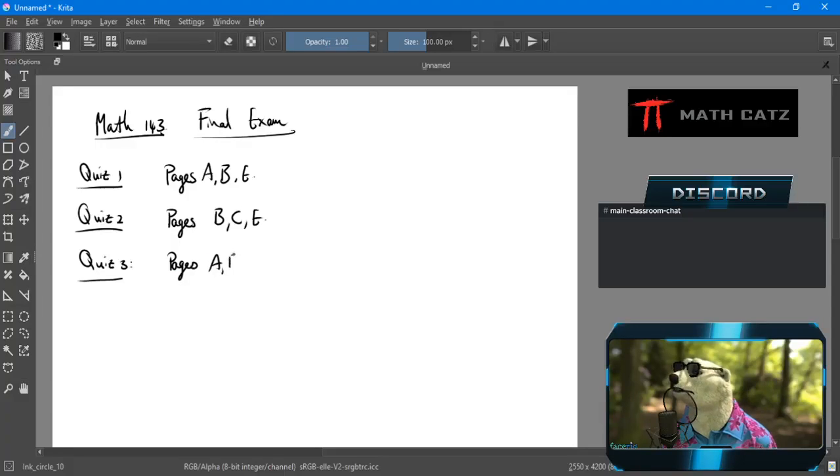Pages A, B, C. And lastly, our most recent quiz, quiz 4. The votes are in and they were very tight. A, C, and E. Pages A, C, and E.